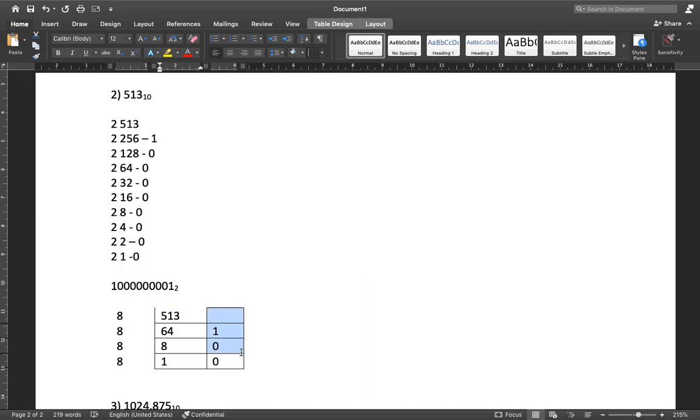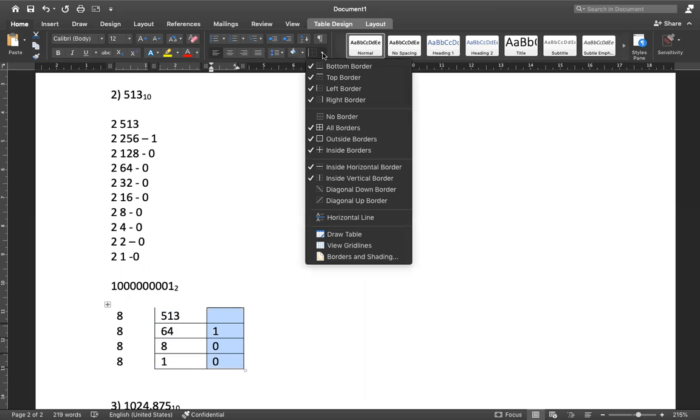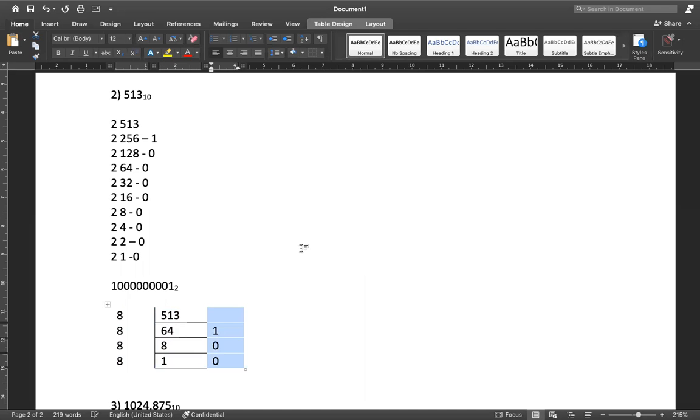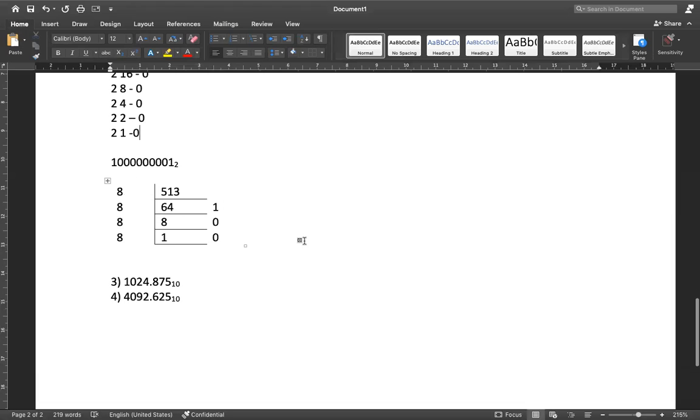So this one you don't have borders. Now you can see the answer. That's why I did that. So this is the traditional method. 513 divided by 8 is 64, remainder 1, then 8 remainder 0, and 1 remainder 0. So the answer is 1 0 0 1 in octal.